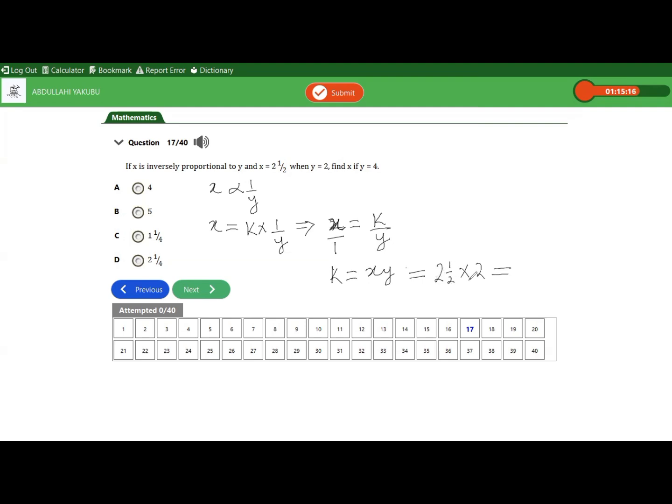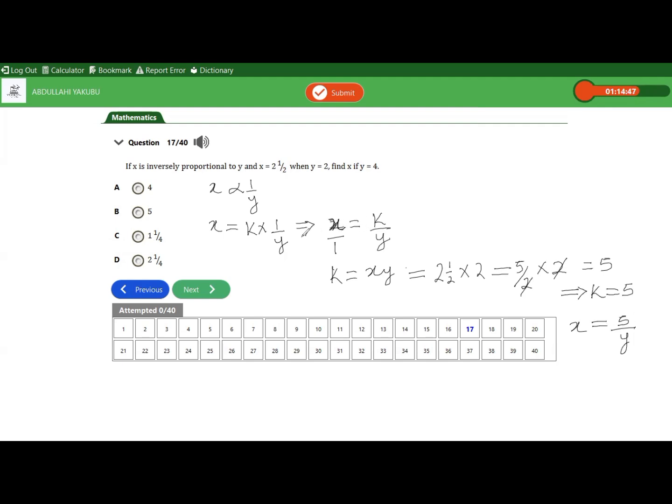To take it to improper fraction, that will give us 5 all over 2 multiplied by 2. We cancel 2. That will give us 5. This implies that k is equal to 5. If k is equal to 5, therefore our relationship is going to be x equal to 5 all over y. This is our relationship.